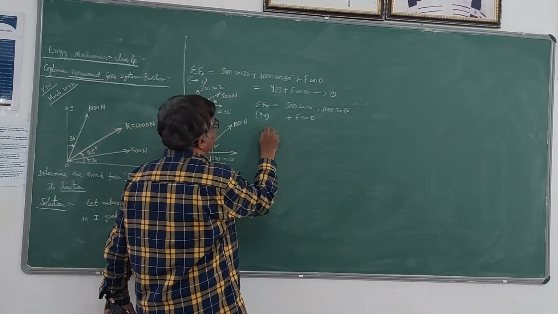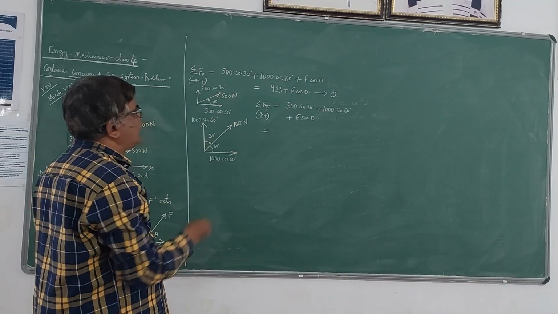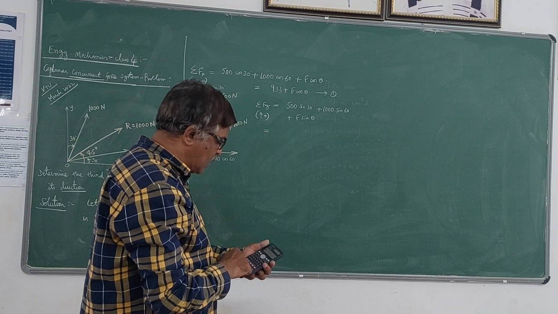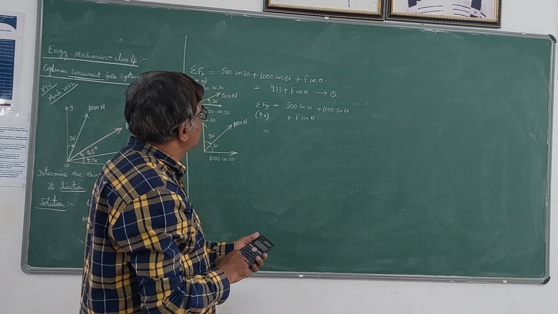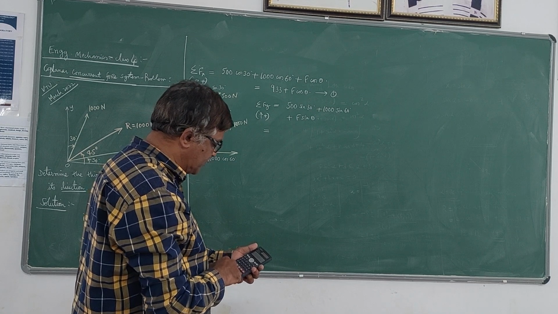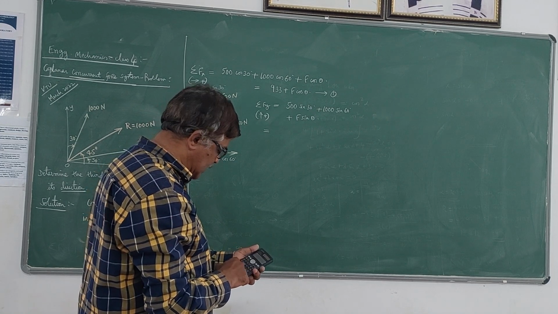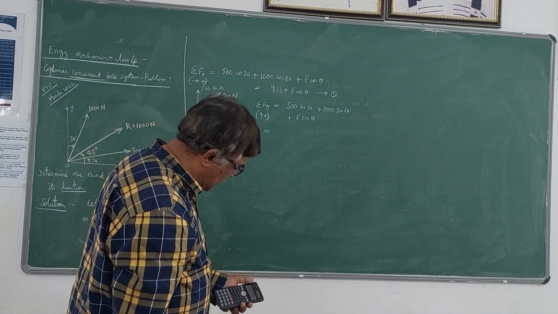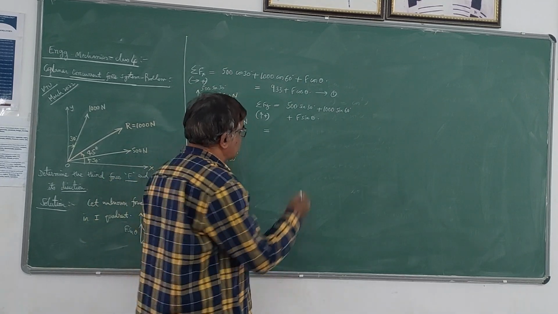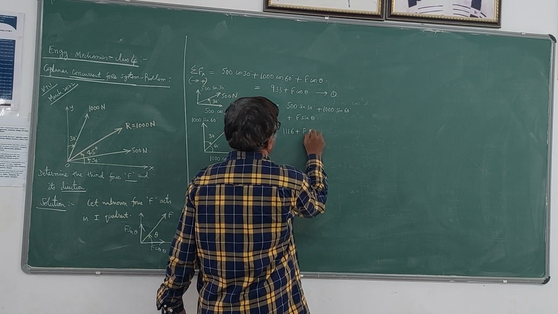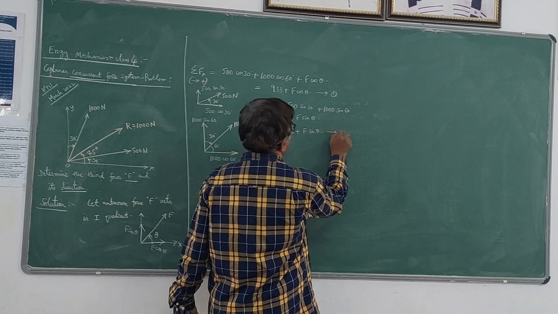Now if you simplify this, 500 into sin 30 is 250 because sin 30 is half. So 250 plus 1000 into sin 60. If you add both of them, you will get 1116 plus F sin theta. So this is equation 2.